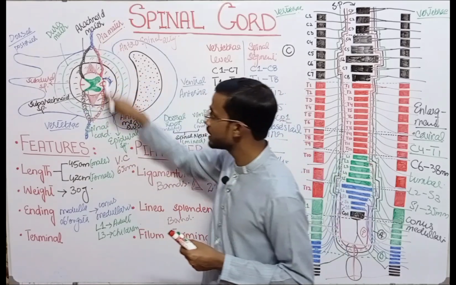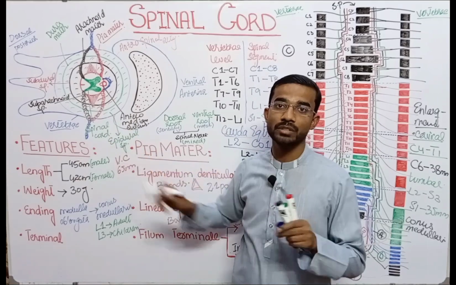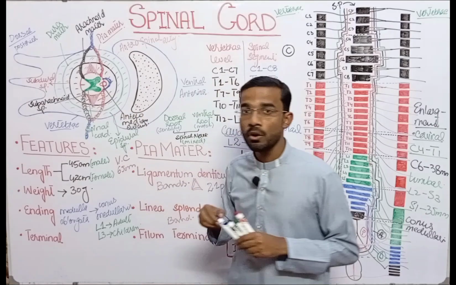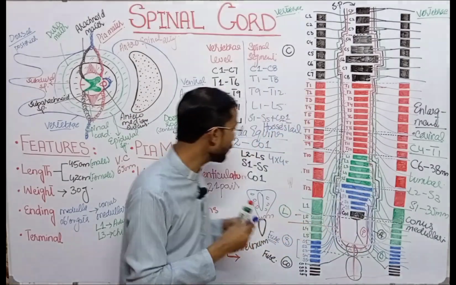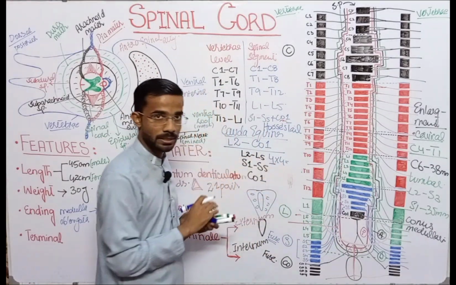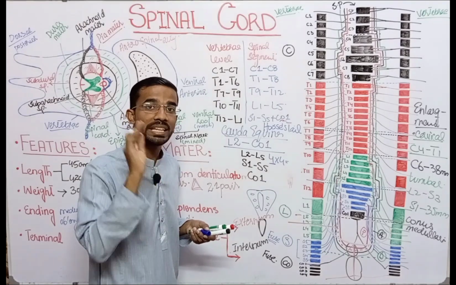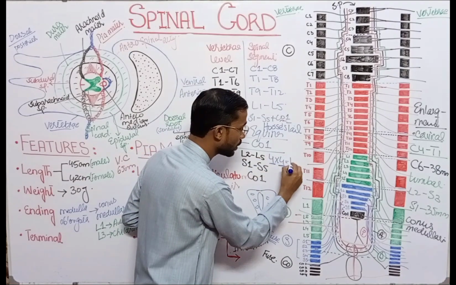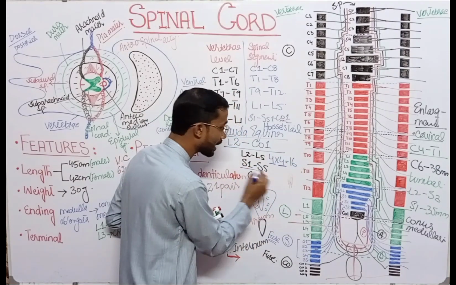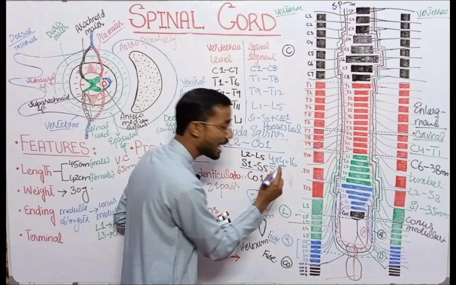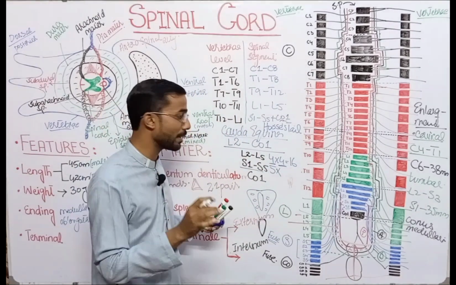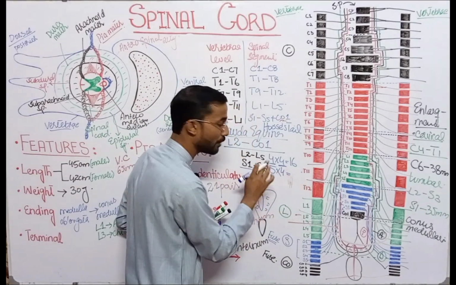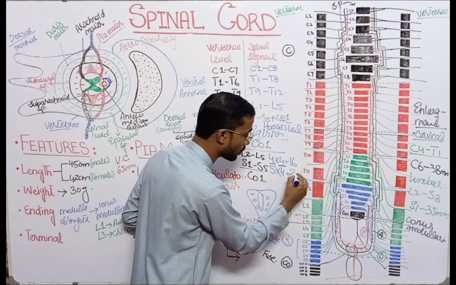If you see the roots arising from one segment, how many roots are there? 1, 2, 3, 4. Four roots arise from one segment. So if we have 4 segments, then 4 multiplied by 4 is 16. In the sacrum region we have 5 segments, and from each segment 4 roots arise. 5 multiplied by 4 is 20.